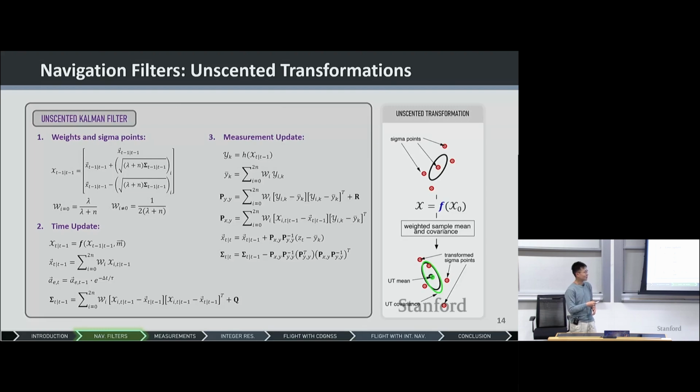Because this is a two-dimensional distribution, that would be 5 points, where post-transformation you can reconstruct your distribution without any approximations or assumptions. I've included the full steps for the unscented Kalman filter in this slide, and the slides will be uploaded on Canvas in case you want to peruse them. But in the interest of time, this class is not going to go through the algorithm in detail. Just know that it exists.